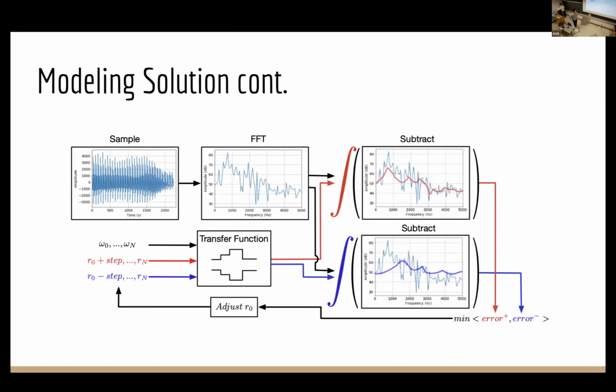So this diagram goes a little bit more in depth on what I'm talking about. On one hand, we have an audio sample that can be from a deepfake, and that's passed into a Fourier transform, which then outputs a frequency response. So we have a frequency response that corresponds to a deepfake audio. On the other side, we have some arbitrary R coefficients, and those are passed into a transfer function, which outputs another frequency response.